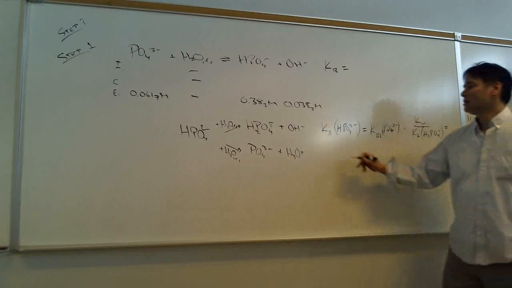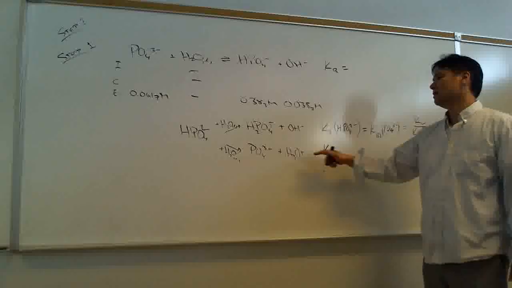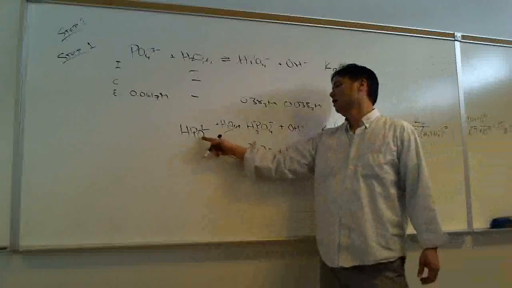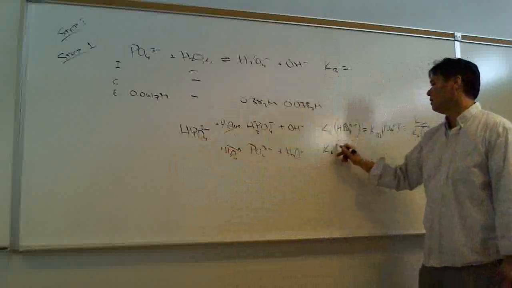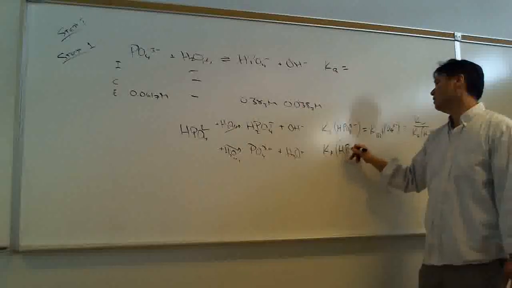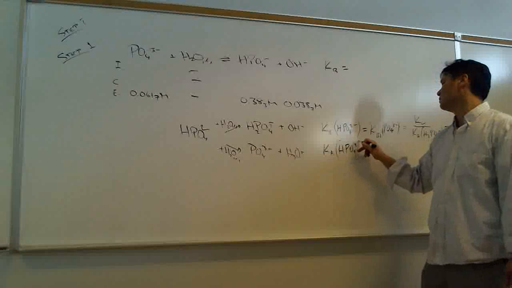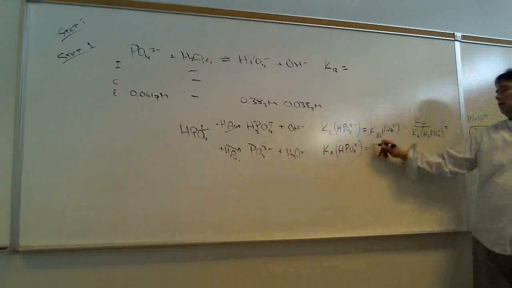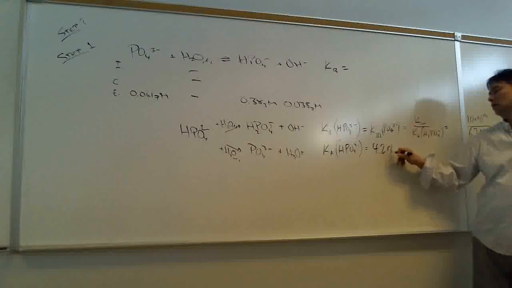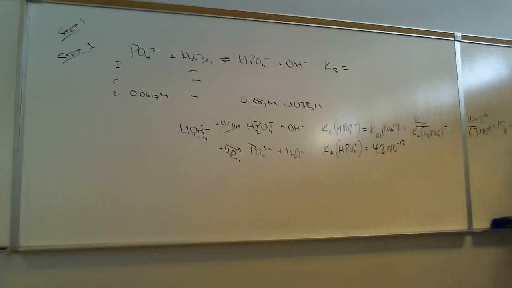All right, what is the Ka, because this is acid hydrolysis? Here are amphoterics acting as the acid donating a proton. And so what is the Ka for HPO4 2 minus? 4.2 times 10 to the negative 13. Do both of these collisions happen?